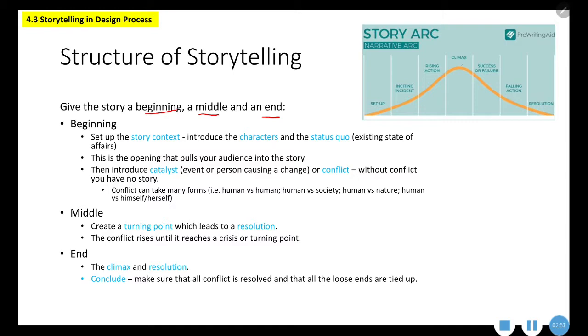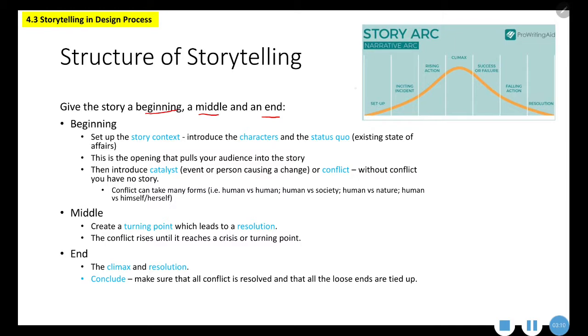When you reach the climax, you will report, for example, the success or failure, and then the actions taken to support the failure, and then the resolution. So that is basically the structure of a story.